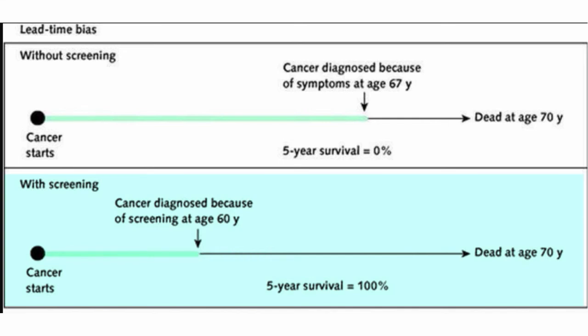On the bottom, with screening, the person was diagnosed at age 60. This person also died at the age of 70. This makes the statistics for the 5-year survival rate 100%, but they still died at the age of 70. The person on the bottom had 7 fewer years of being cancer-free because they had been diagnosed with a screening test.